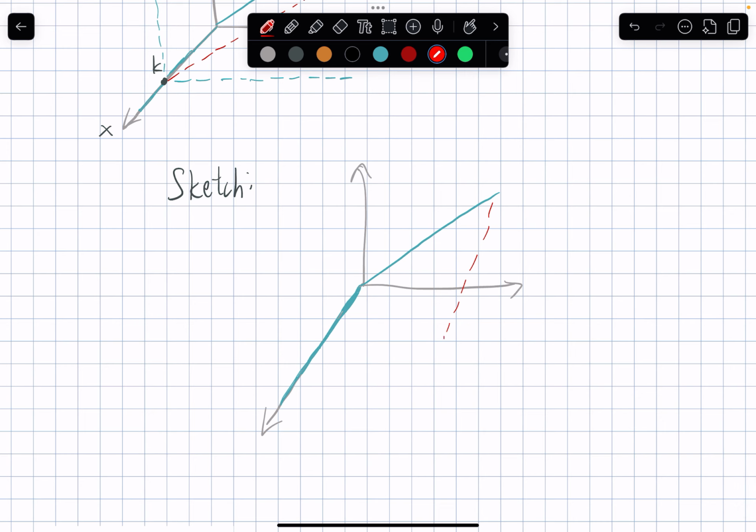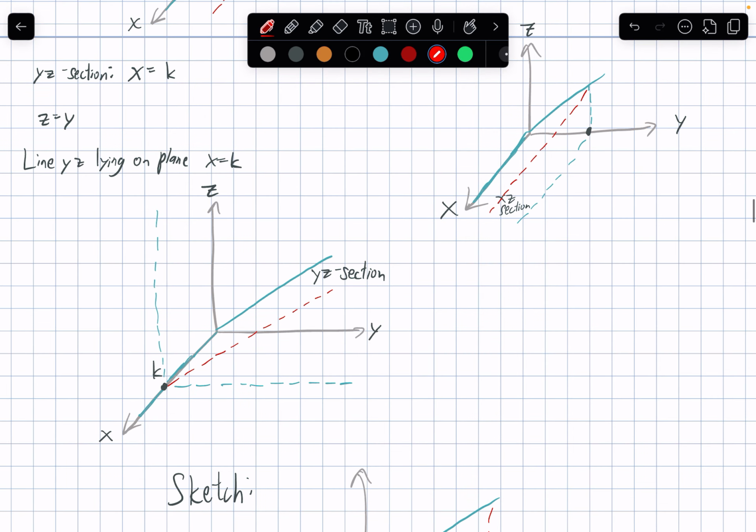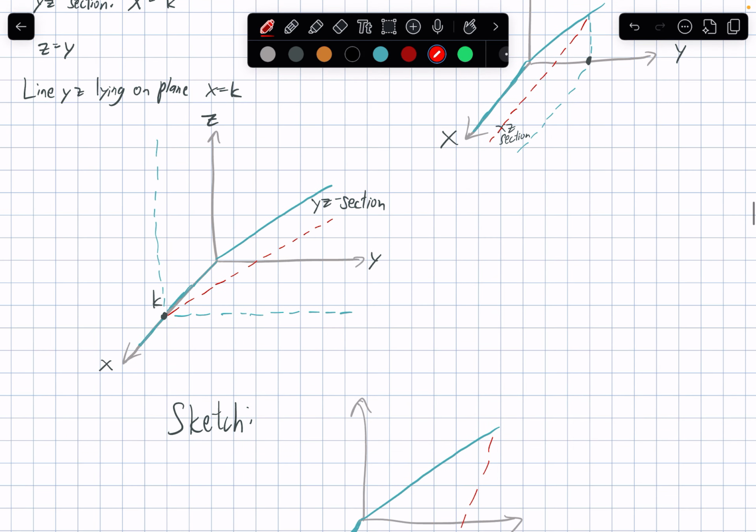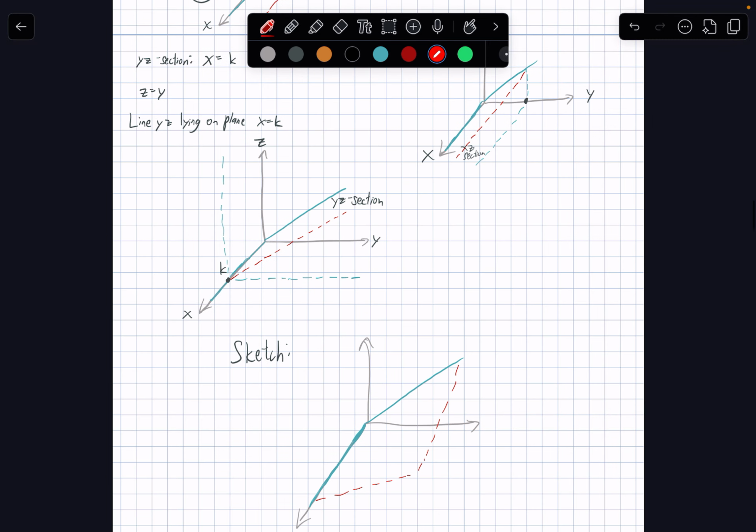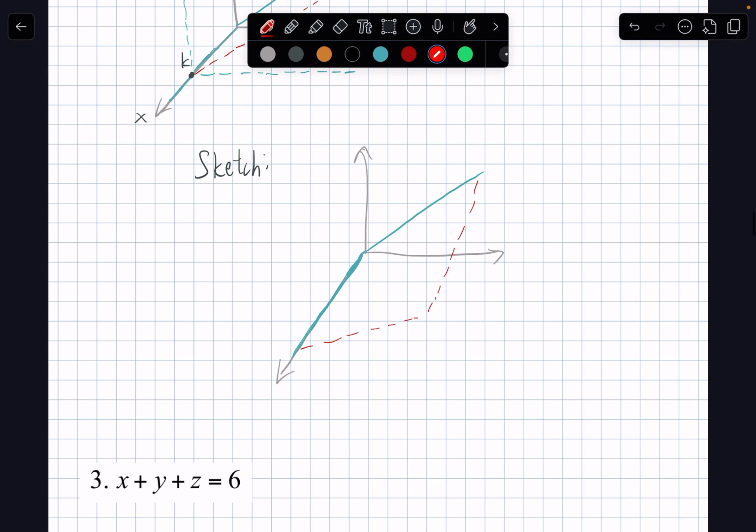Okay, XY section, XZ section, sorry, YZ section, oh wait, no, it's not that gradual. This has to be parallel to this. It's not parallel enough.